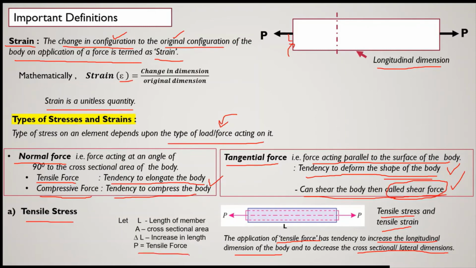And obviously P is the tensile force. Then tensile stress, symbol sigma, is equal to P by A. So tensile stress is tensile force upon the area on which it is acting, that is the lateral area.